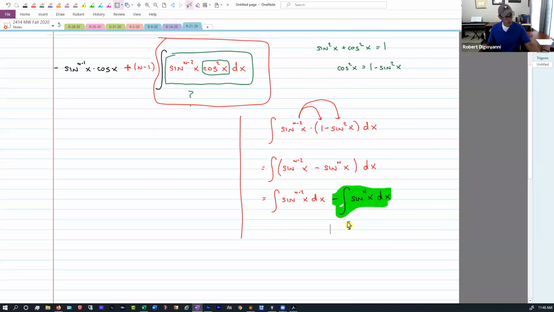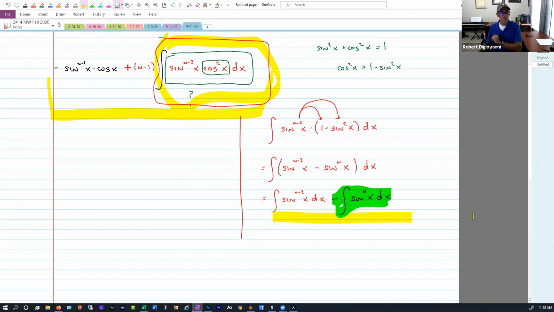So watch what I do now. I'm about to rewrite all of this, but I'm gonna replace the part in red here with that answer. And I'm actually gonna write the original problem down also. So the original problem was the antiderivative of sine to the n of x dx. That's the original problem we started with.